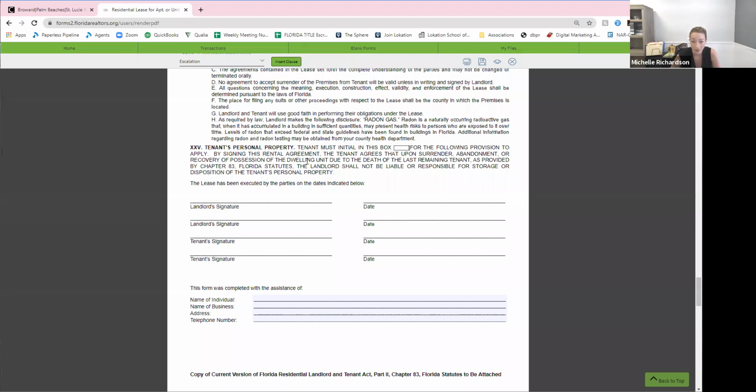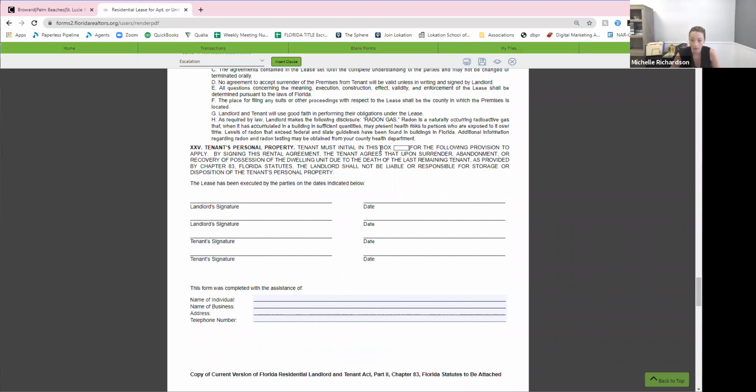By signing this rental agreement, the tenant agrees that upon surrender, abandonment, or recovery of possession of the dwelling, or due to death of the last remaining tenant, as provided by Chapter 83 Florida Statutes, the landlord shall not be liable or responsible for storage or disposition of the tenant's personal property. So by checking this box, the landlord does not have the responsibility of having to remove those items.